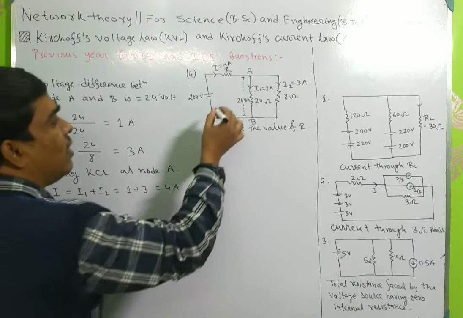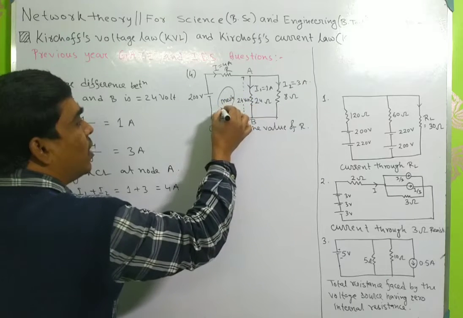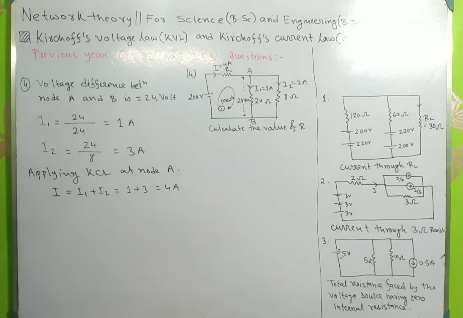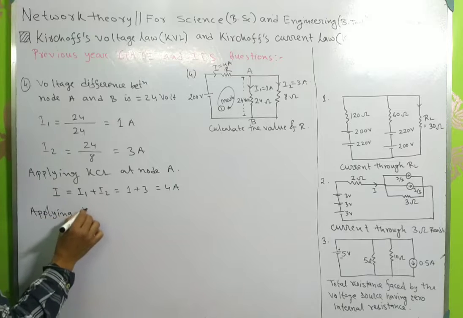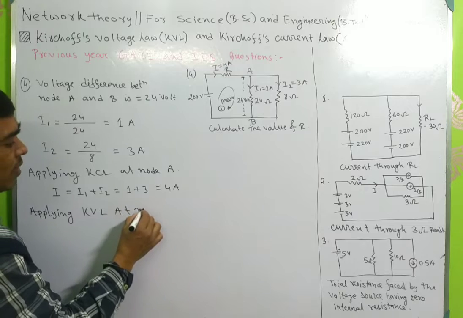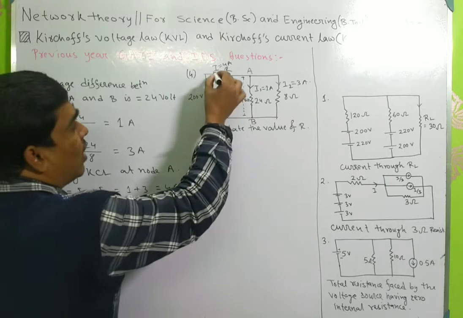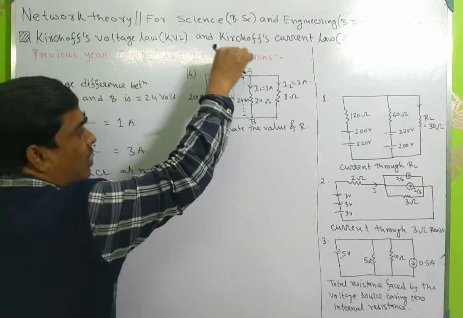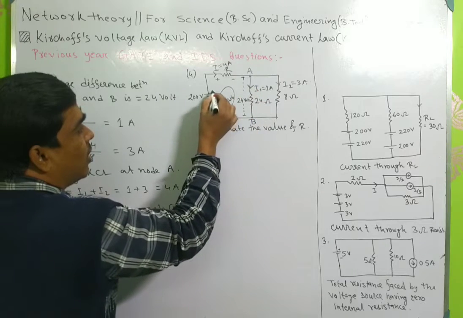So this is mesh number 1. Applying KVL at mesh 1, the current will flow in this direction. So this is positive, negative, this is positive, negative, this is negative, positive.